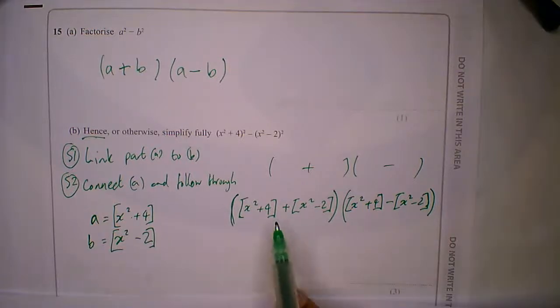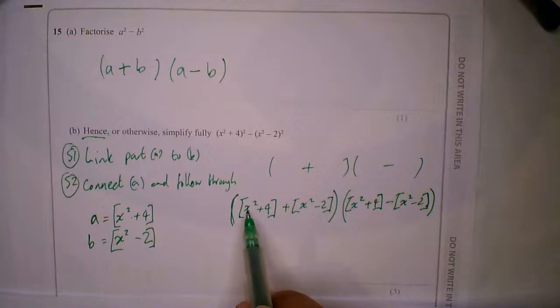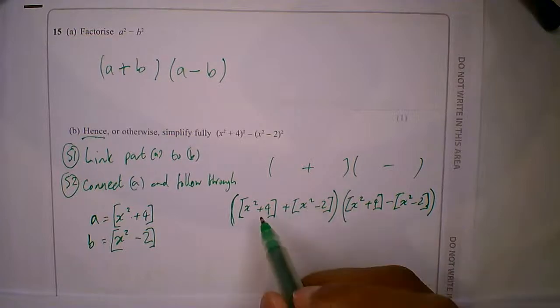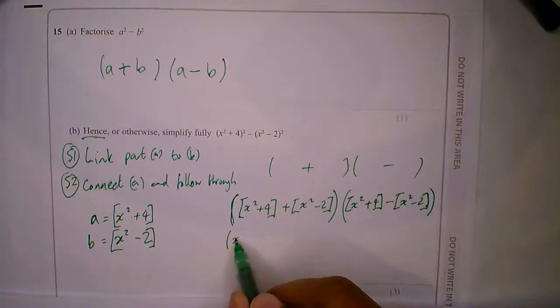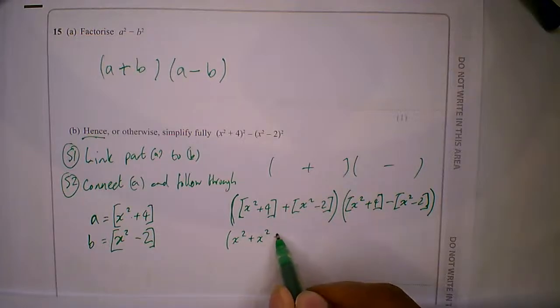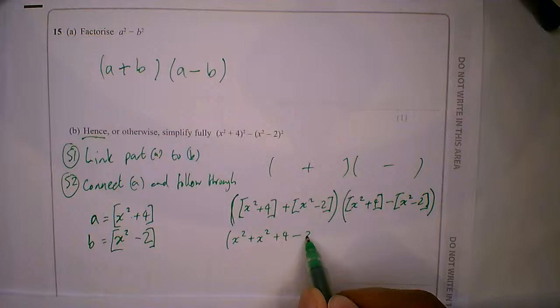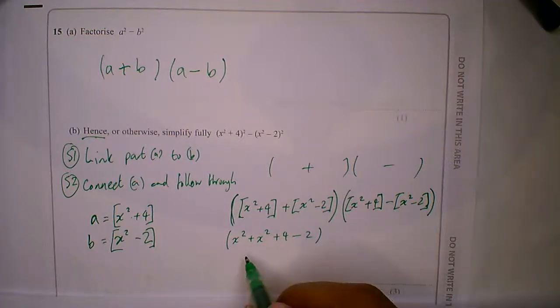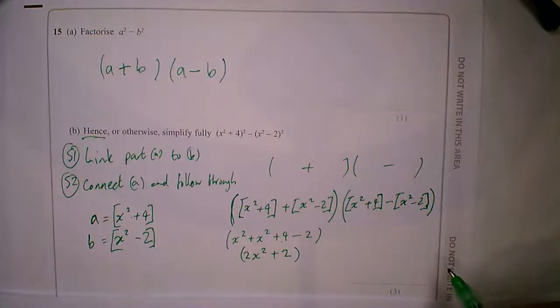So I can see all of this is adding x squared plus x squared, plus 4 take away 2. Okay, I can remove the square bracket. So x squared plus x squared is 2x squared. 4 take away 2 is plus 2. So I've got that bit here.